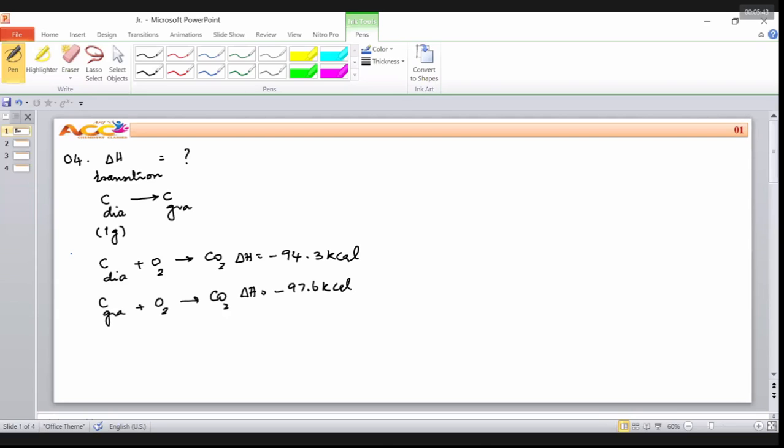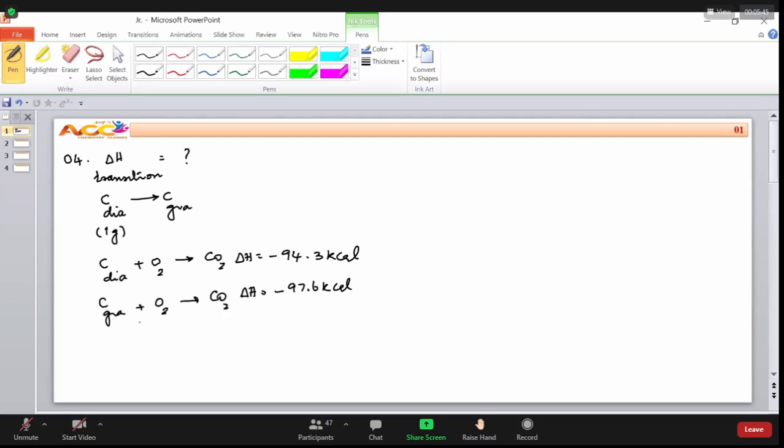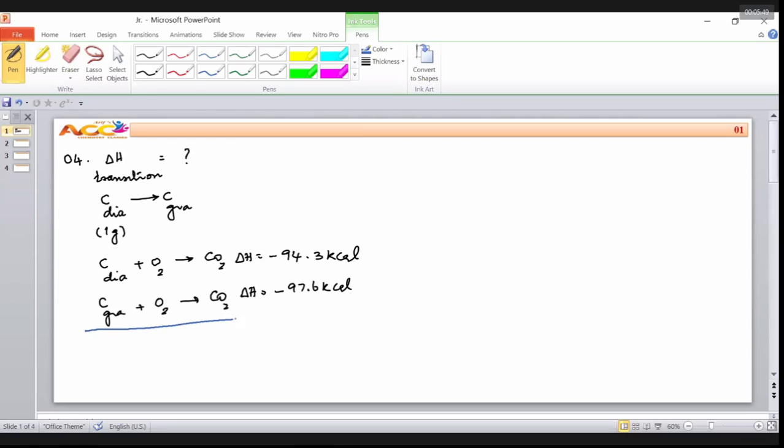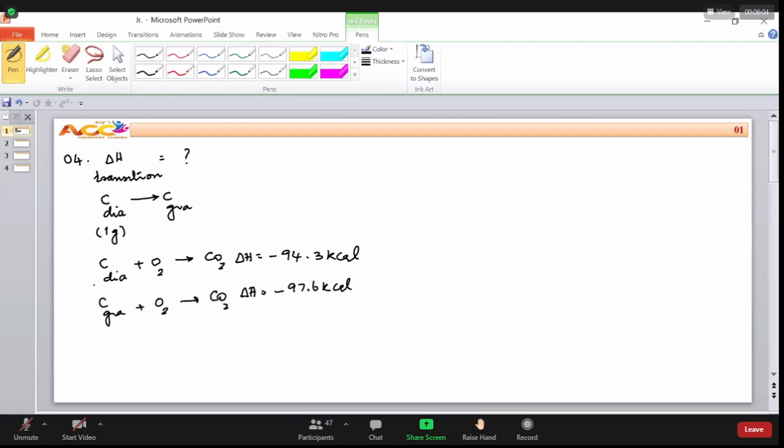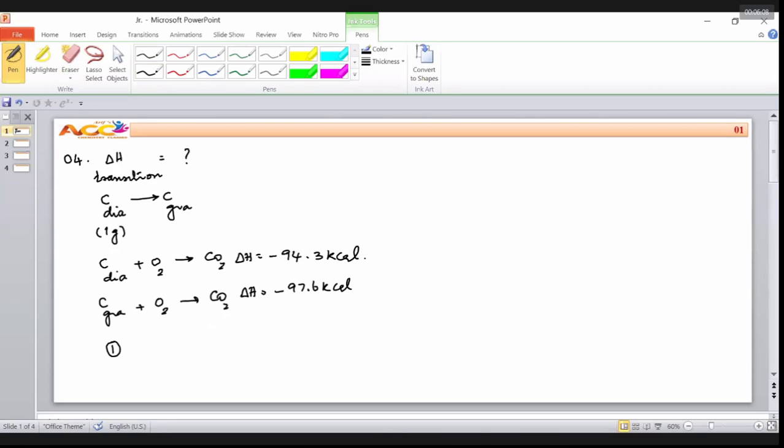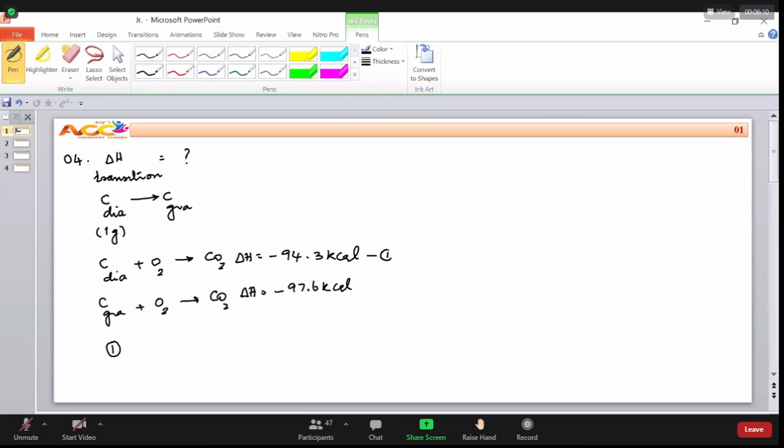For example, now see here, these two are the equations given to me. I am manipulating them. This is the desired equation. Left hand side, diamond is required. Is it available on the left hand side? Yes, sir. Then this is equation number 1, and this is equation number 2.